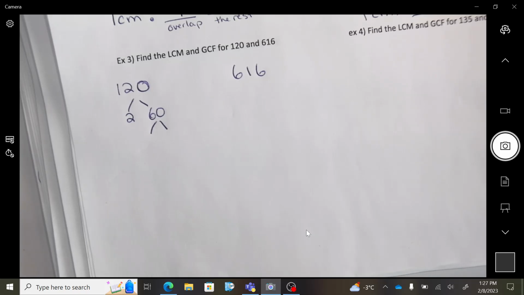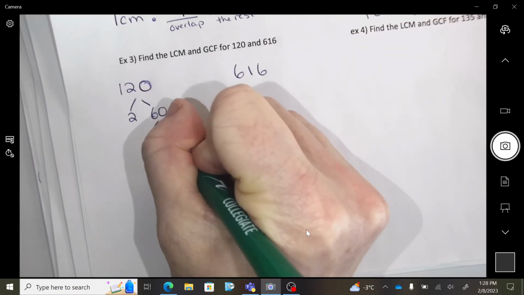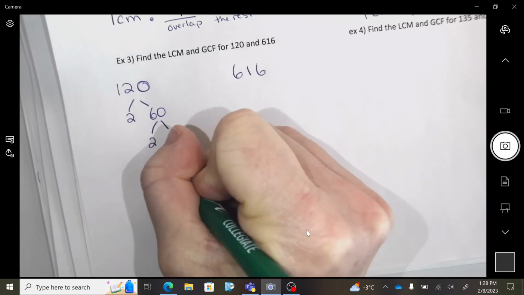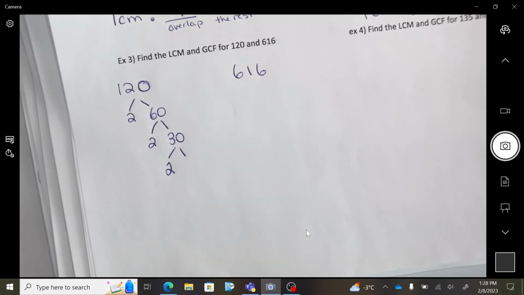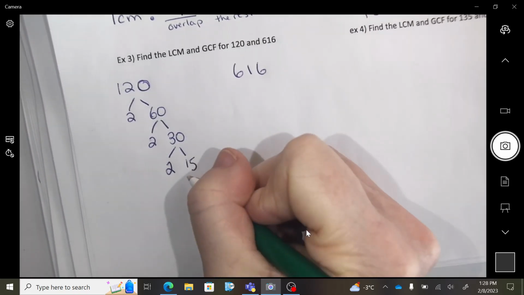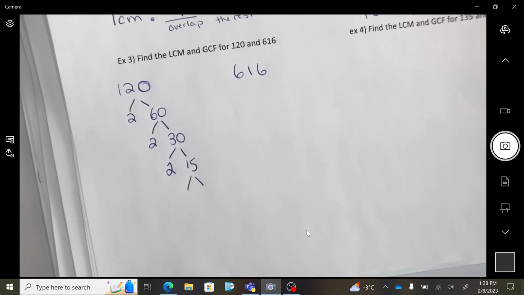Also 2. Okay, stick with the 2 until you can say that's no longer a 2. So 2 times 30. Guess what? Another 2. 30 is divisible by 2. Anybody know that one offhand? 15. Okay, 15. I'm done with 2 now.